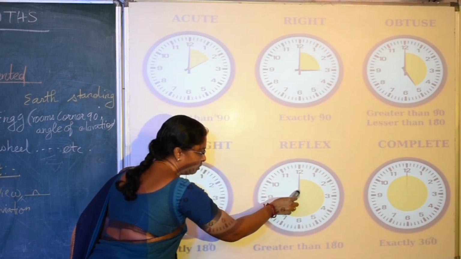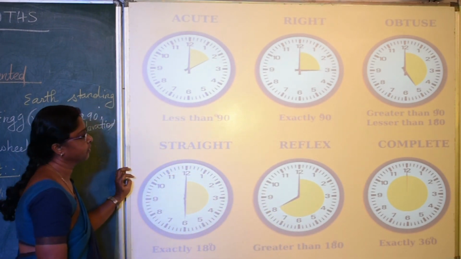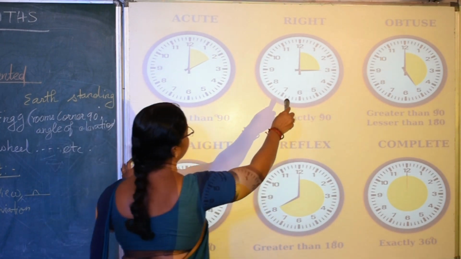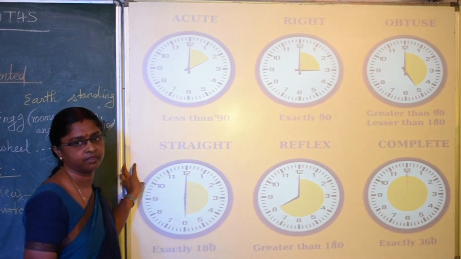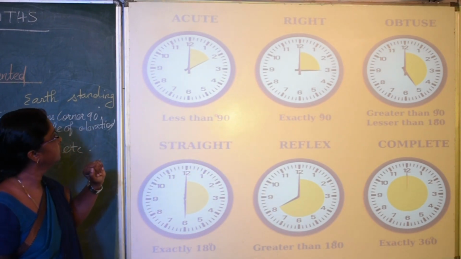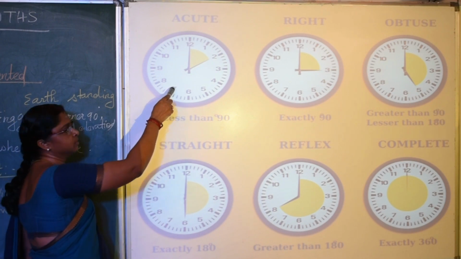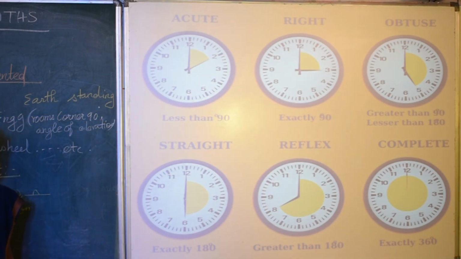This is 3 o'clock, exactly 90 degree. This is called a right angle. And 2 o'clock is called an acute angle.